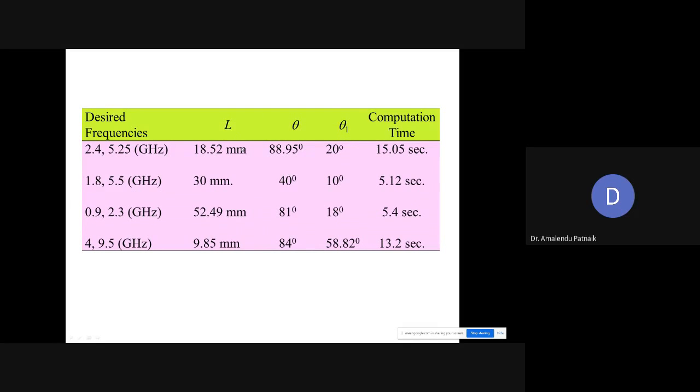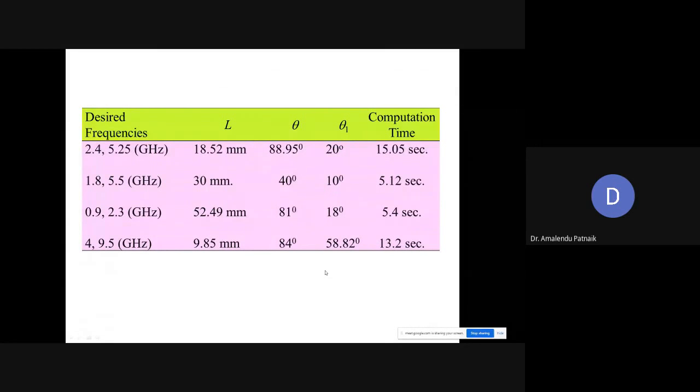So you take these values and fabricate your antenna. This is the monopole antenna in this particular case. Similarly, for the second case, third case, and fourth case, we got these values of L, theta, theta 1, and so on.